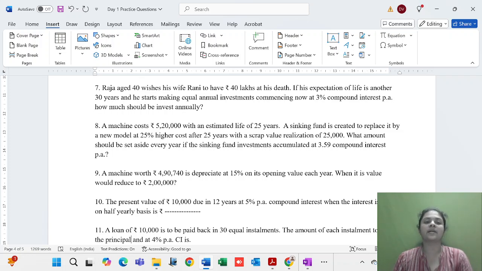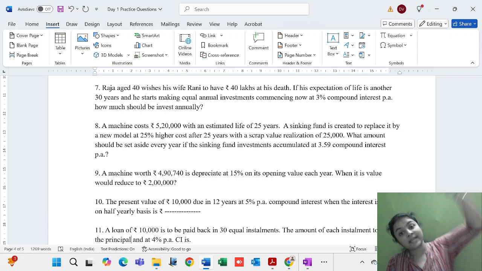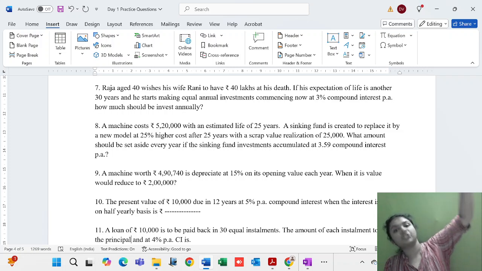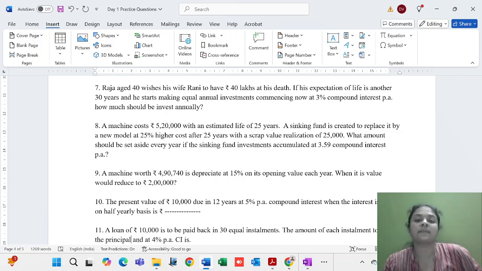7th question. Now you are going to answer. Raja, aged 40, wishes his wife Rani to have 40 lakhs at his death. So this 40 lakhs at his death, which means it is the future. So 40 lakhs is the present value or future value?